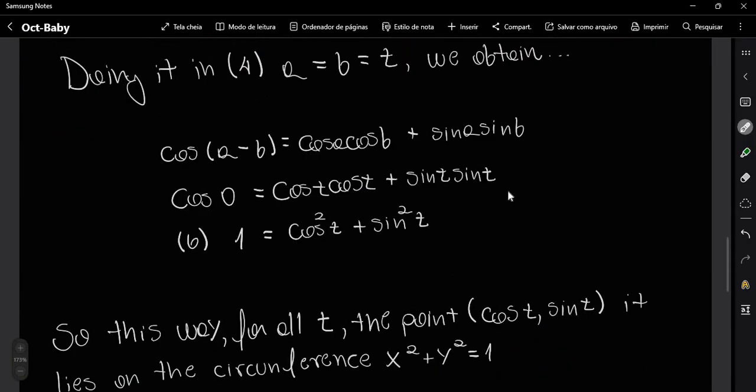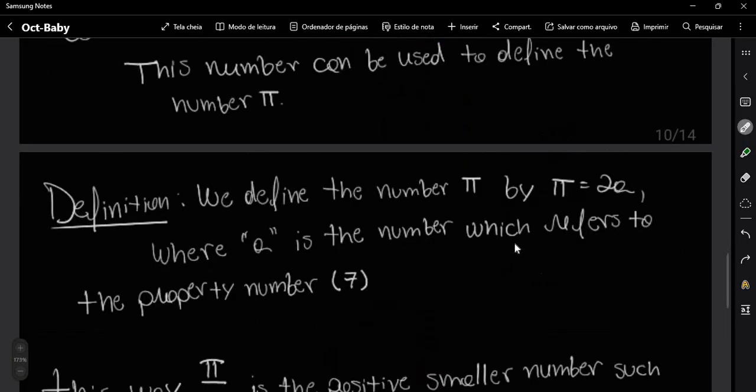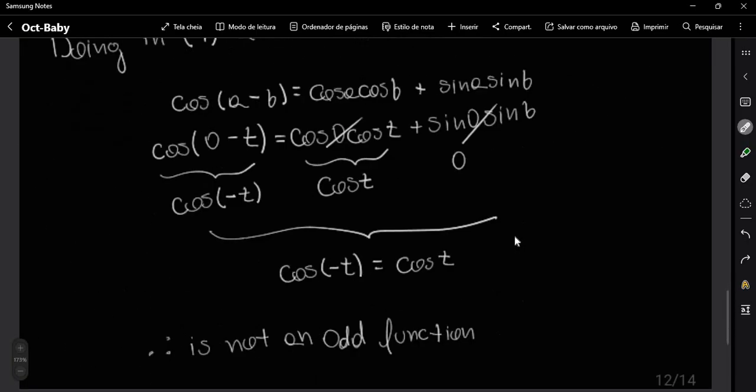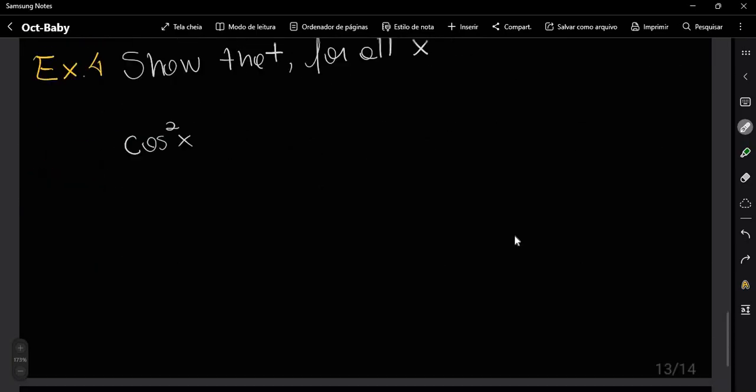Yeah, property number 6, which is the trigonometric identity. So this is the first property that we will bring. So we know that cosine square of x plus sine square of x is equal to 1.